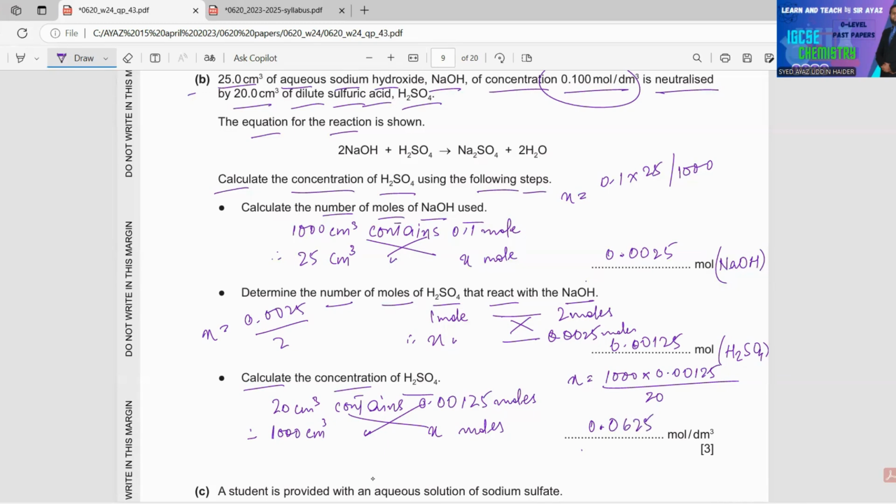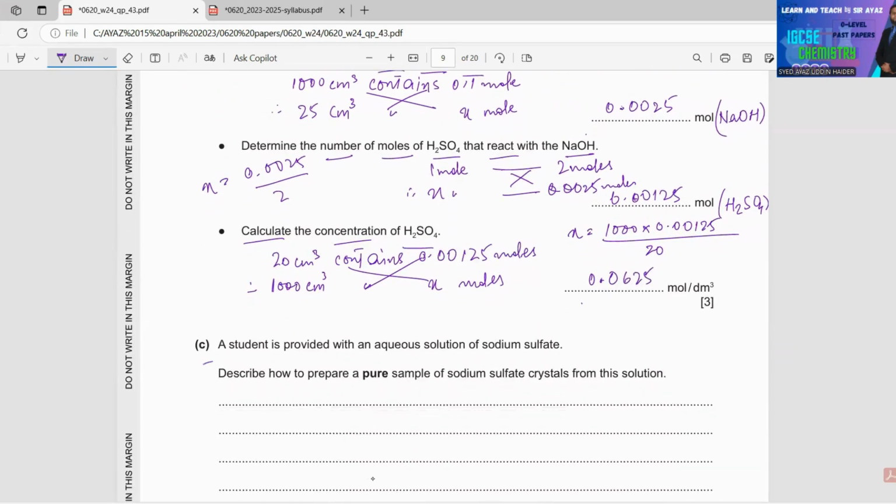0.0625. See, a student is provided with an aqueous solution of sodium sulfate. Describe how to prepare a pure sample of sodium sulfate crystals from this solution. You will definitely start by heating the solution to saturation.